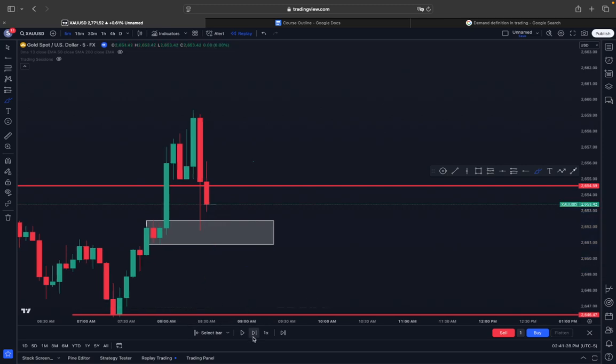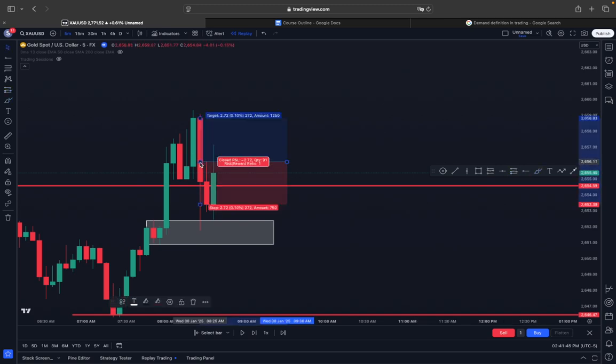Now, you'll see in real time these candles are forming. This candle opened, it went down, went lower than this candle's wick. So that's when you open up your stop loss.